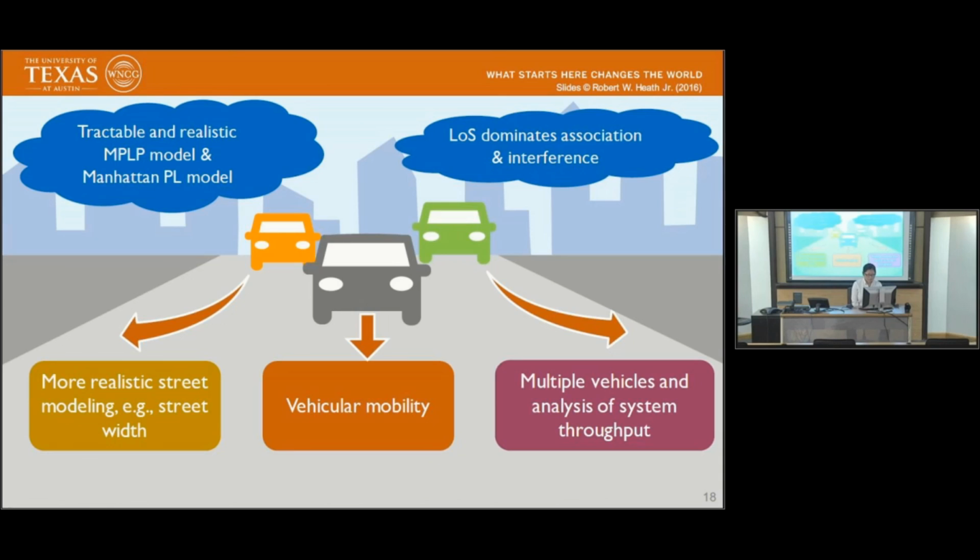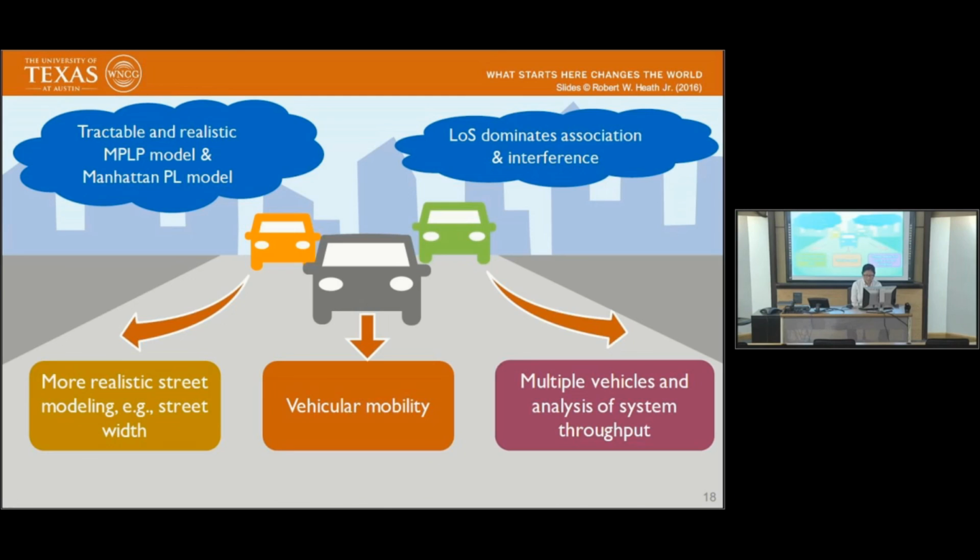For future work, we think it might be interesting to have some more realistic street modeling, like considering the street width, or considering some more realistic data of major city networks. It will also be interesting because this is an urban network which considers vehicles, so we could consider vehicle mobility and incorporate it into the analysis.